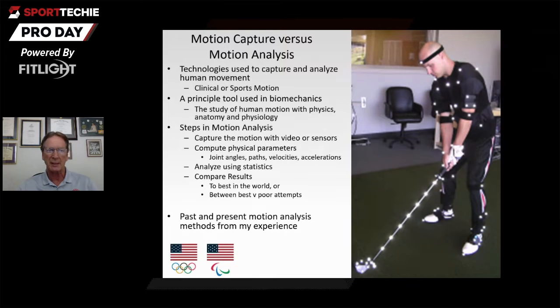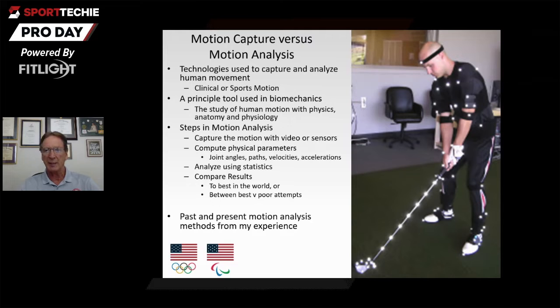So the steps in motion analysis, which you can see there, are first we capture the motion with video or sensors. Then we compute the physical parameters of the motion, and they could be joint angles, positions, paths, velocities, accelerations, and similar parameters. Once we've got the calculations done and we've got all the parameters saved, we can then go ahead and use statistics, of course, to do our analysis. So we could compare to a database. We could compare a parameter using a t-test or analysis of variance.